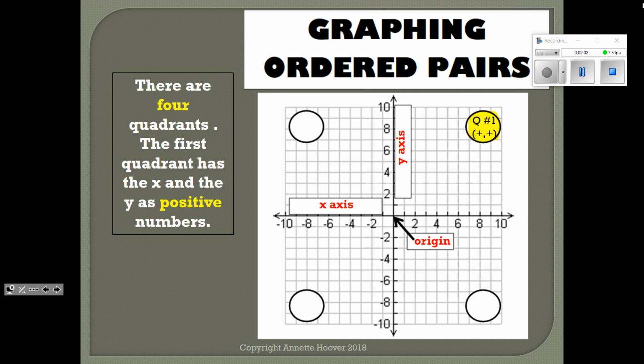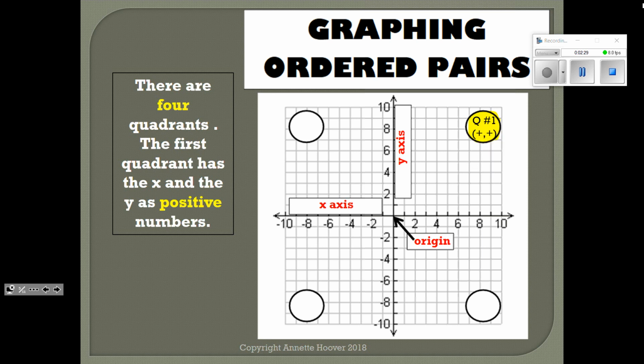For example, right here, that would be 4, 3. They're both positive. No matter where you go in this quadrant, both the x and the y-axis are going to be positive. So up in your circle, we're going to put Q. That stands for quadrant, number 1.